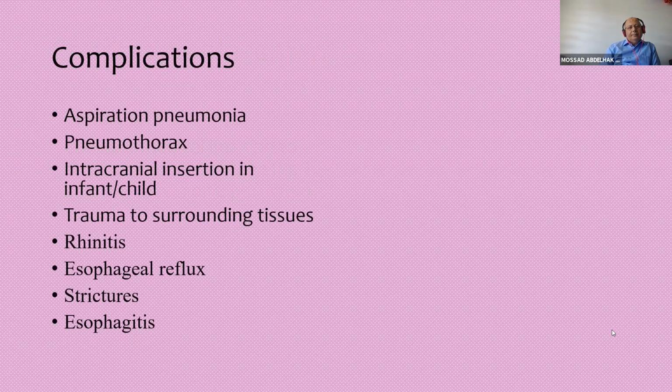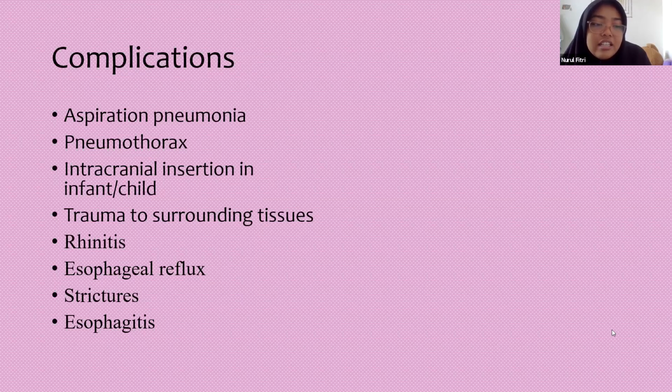Then intracranial insertion if the child has a fracture to the base of the skull. It can also cause trauma to surrounding tissue, causing rhinitis and esophagitis, and in the long term it can lead to stricture, and also other complications such as esophageal reflux. Okay, next.